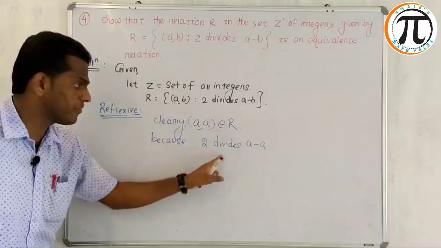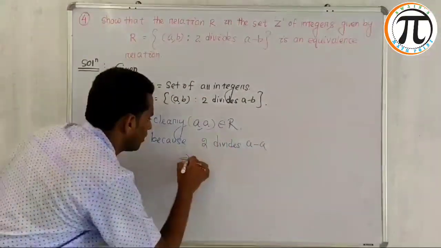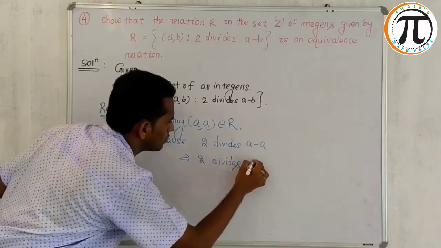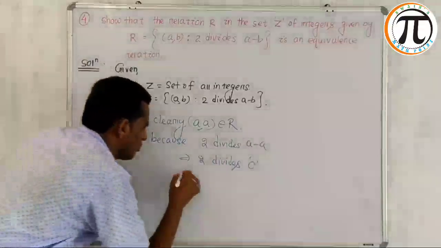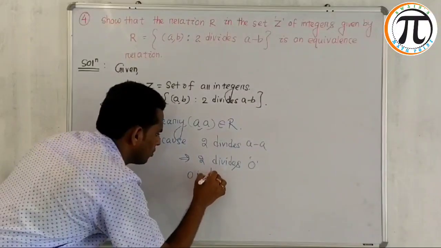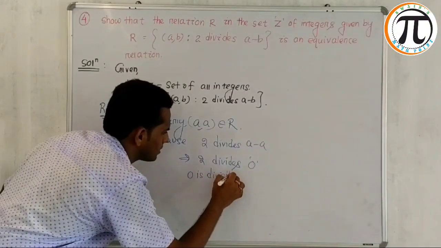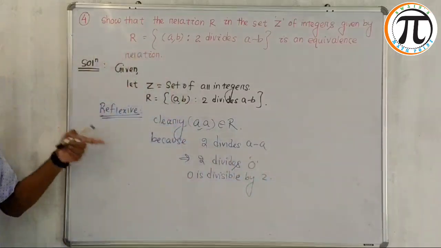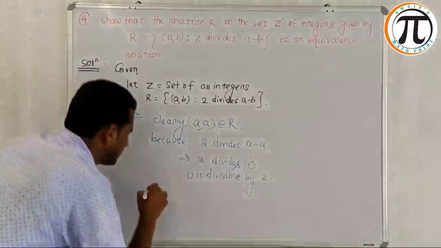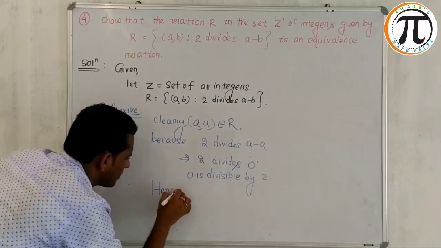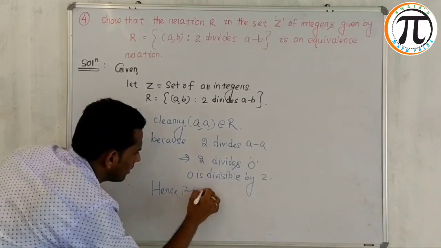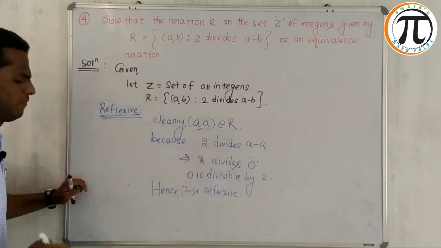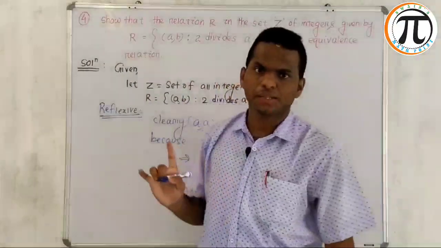Just taking a, 2 divides a minus a, that means 2 divides what? 0. Yes, why not? So 0 is divisible by 2. Okay, so this condition is satisfied. Hence it is reflexive. Clear? So reflexive is done.